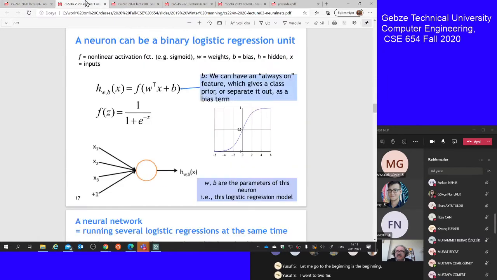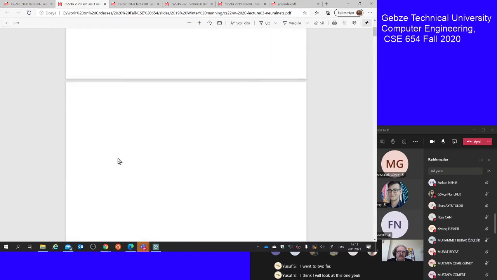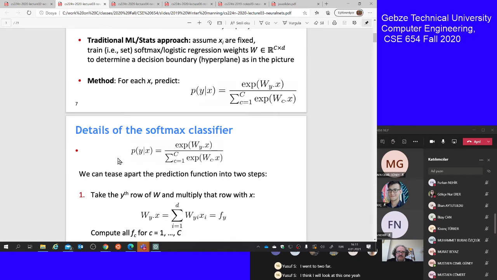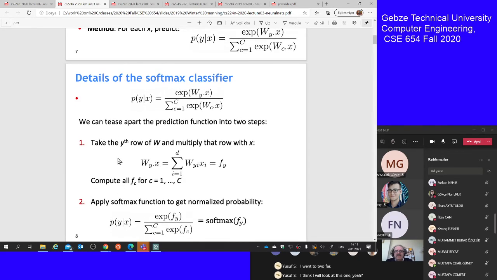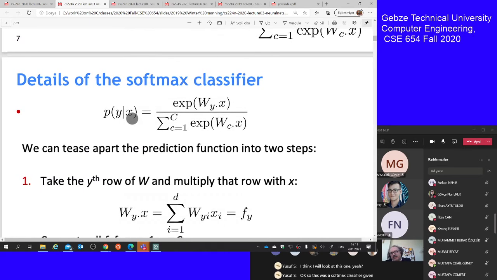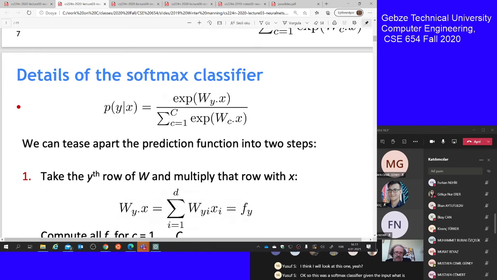I think I will look at this one. Okay, so this was the softmax classifier: given the input, what is the probability of being in class y? That was the original. But we are not using the softmax classifier by itself anymore.